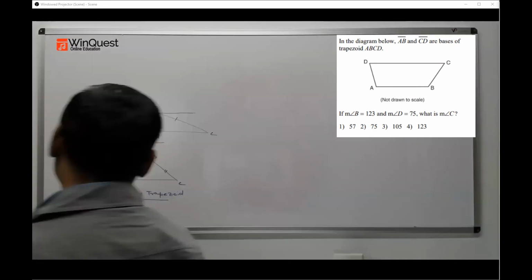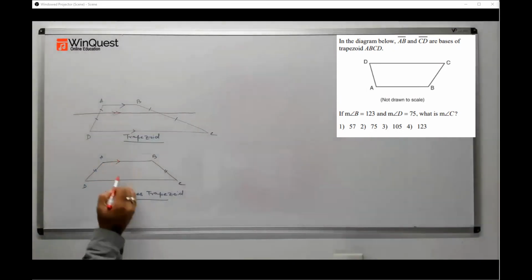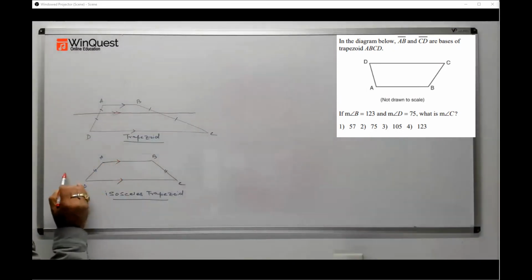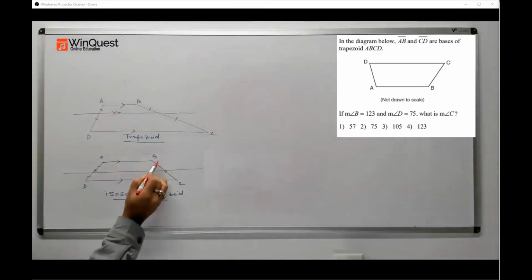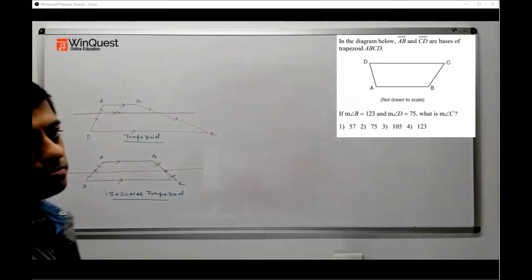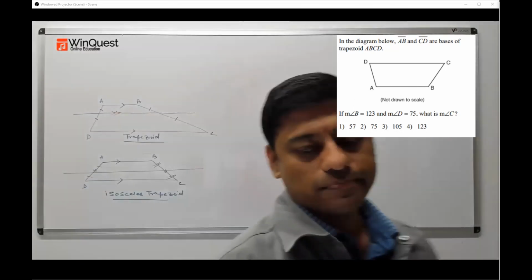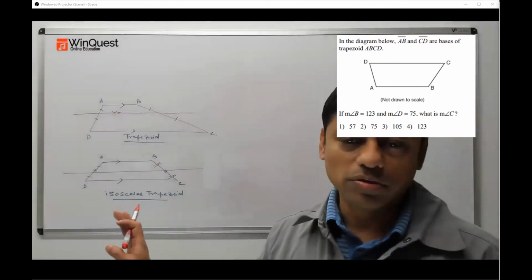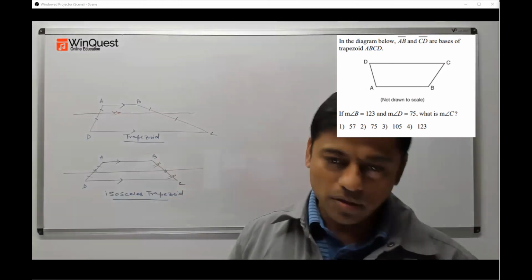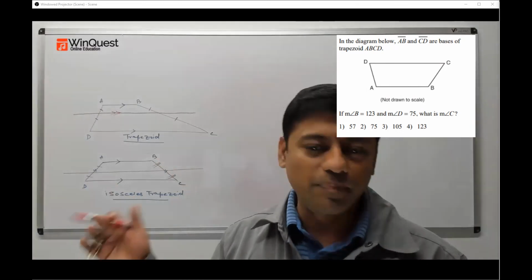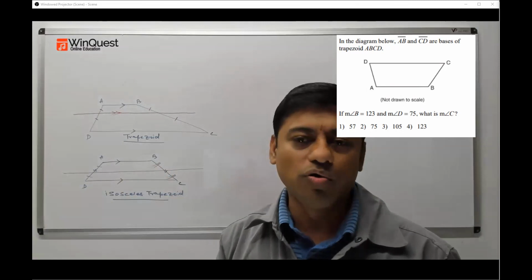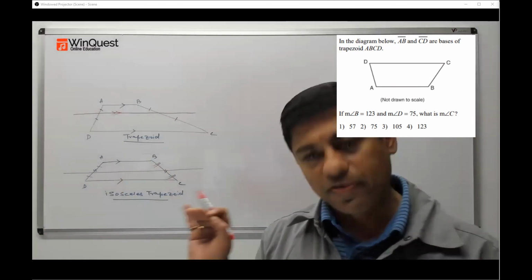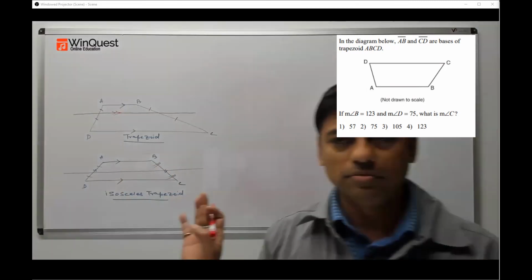Similarly, if these two are parallel and I cross like this from the middle, then this by this is equal to this by this. That's all we need to remember for now. There are a lot of theories, like how to find the area of the trapezoid, diagonal, median length. Don't go for that for now.